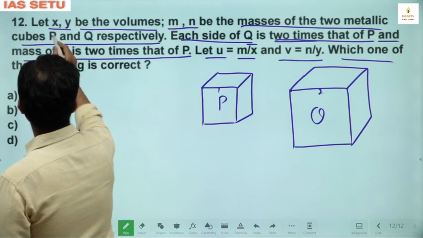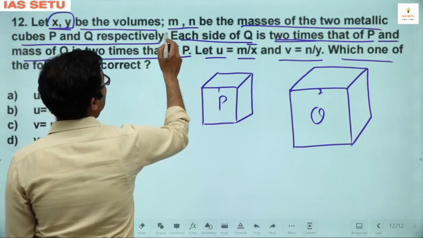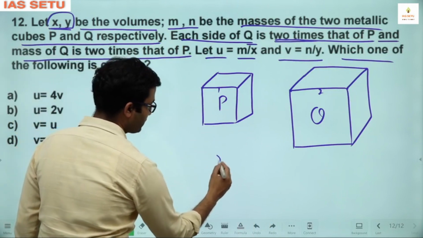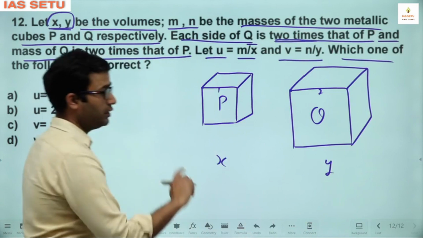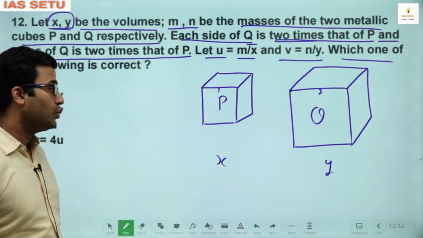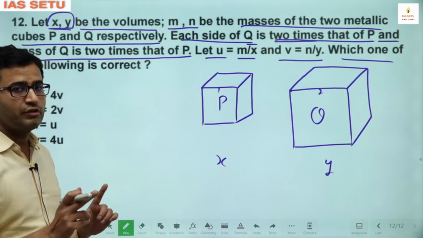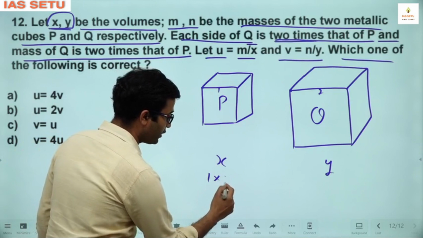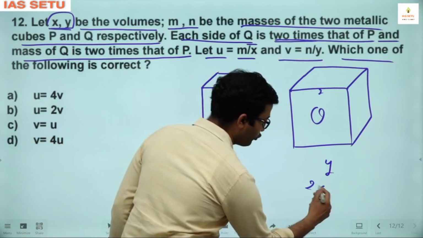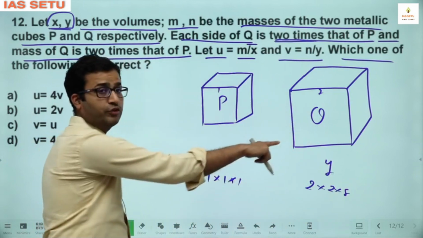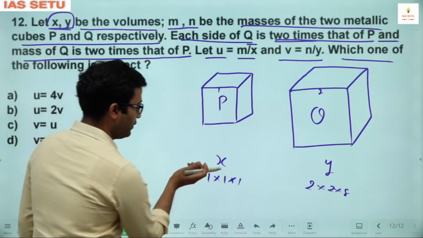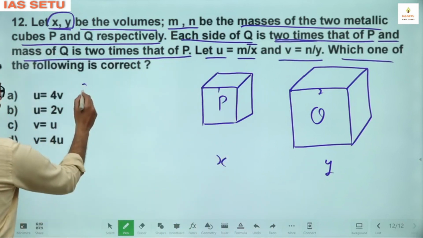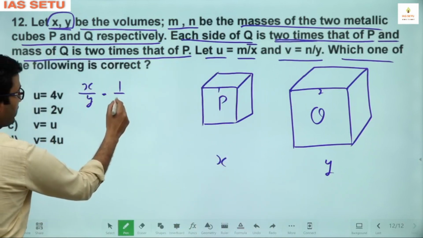Now, x and y are the volumes of p and q. If the side ratio is 1:2, the volume ratio will be 1 into 1 into 1 to 2 into 2 into 2. So the volume of this cube will be 8 times. So you write the volume ratio x upon y will be 1 by 8.